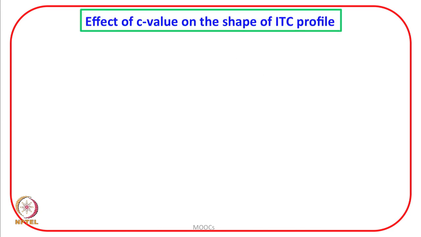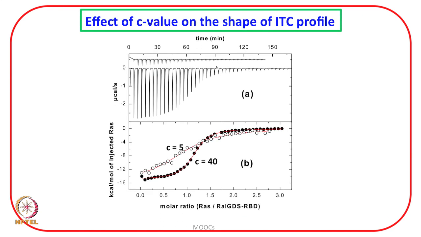The effect of C value on the shape of the ITC profile can also be seen in this figure. The upper panel shows the main isothermal titration calorimetric profile, and these are the dilution effects. And you see, if the value of C is increased from 5 to 40, the shape of the isothermal titration calorimetric profile also changes.